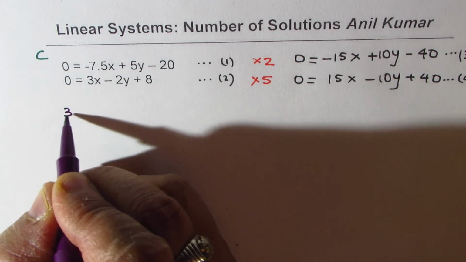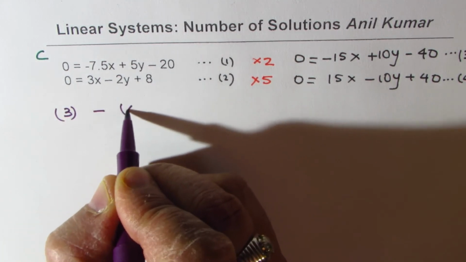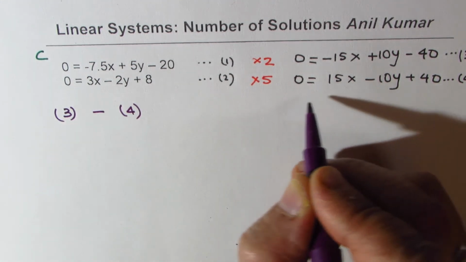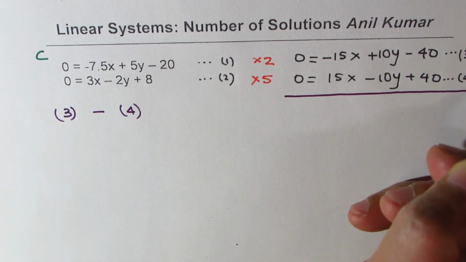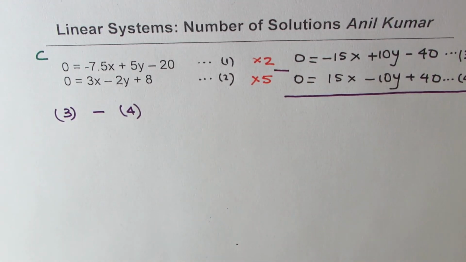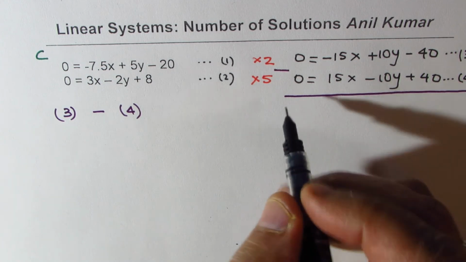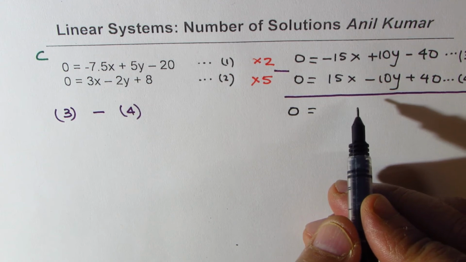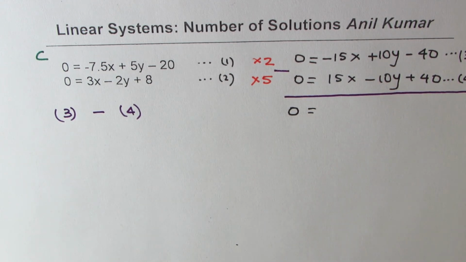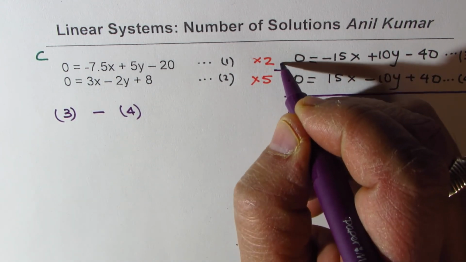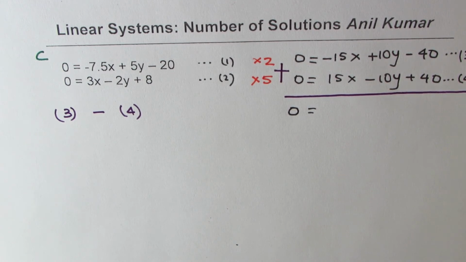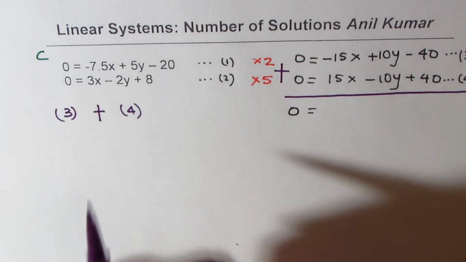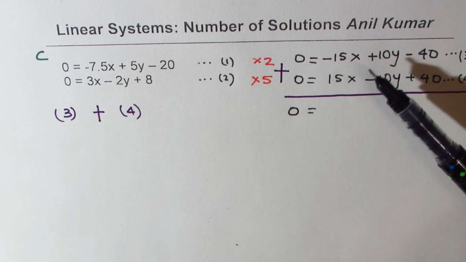Now let's do equation 3 take away equation 4. If I take away, I get 0 on the left side. Now minus 15x, rather we should add it, right? Yeah, let's add them. I need to add because of plus and minus.